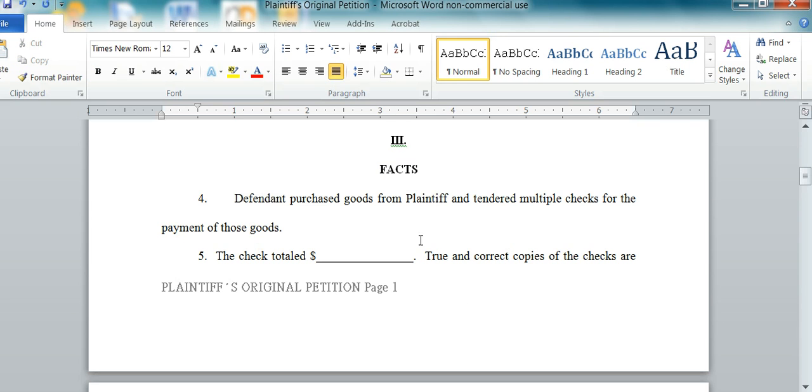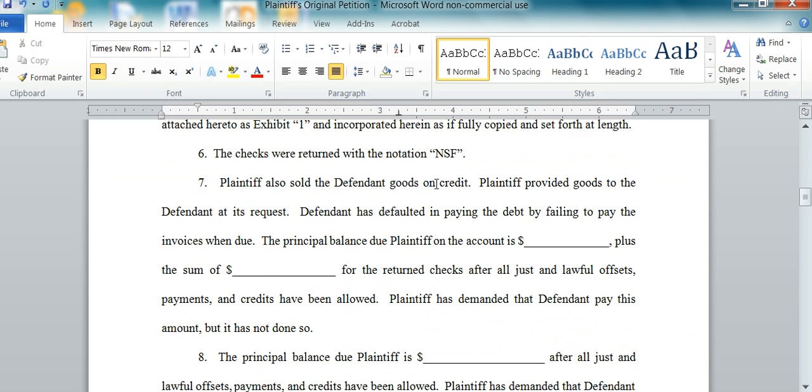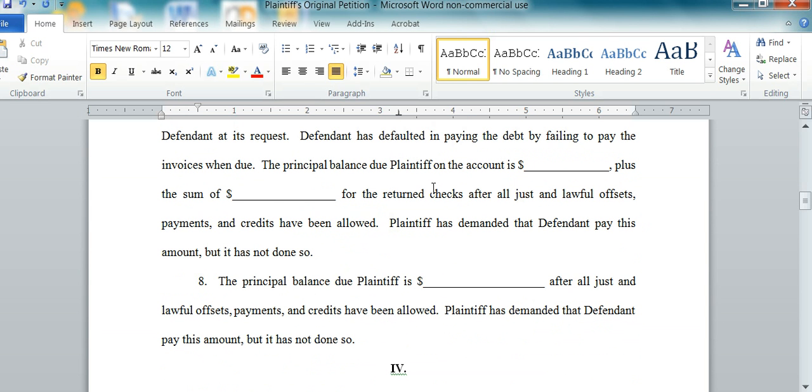In my petitions, I always identify the paragraph setting out the facts like this: facts, here it is. And so anybody looking at it will know, here are the facts of the case. In this particular example, the damages are also set out. In other words, you bounced a couple checks, or I sold you goods valued at this much, you didn't pay for it, and I've left those blank.